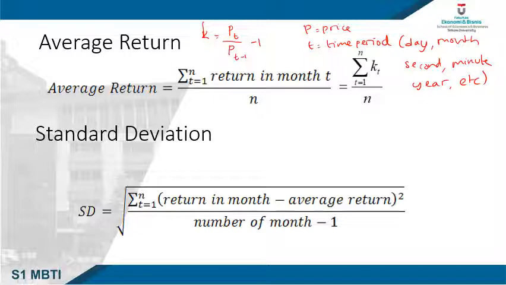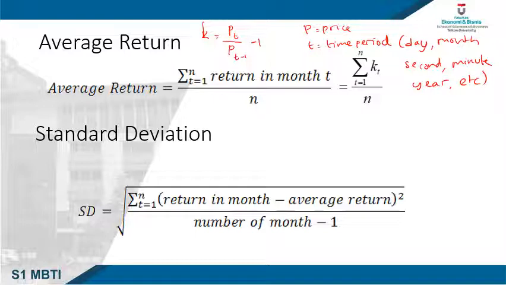Yeah. So now, only for example, you see that the price is moving, every second it's moving. Now say that the price is moving per month, so every month it's moving. Then how do I calculate the monthly average return of 1 year of stock?